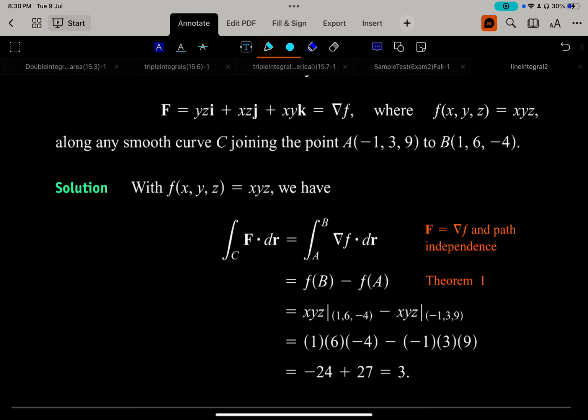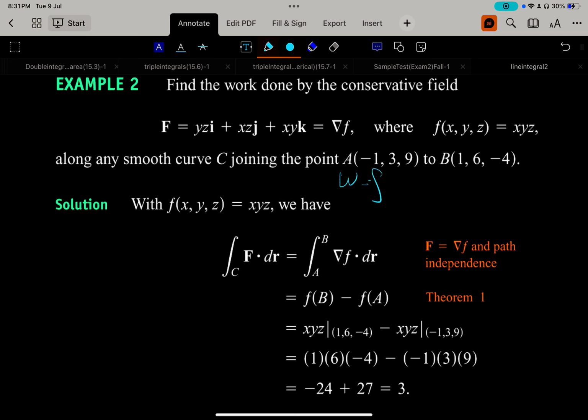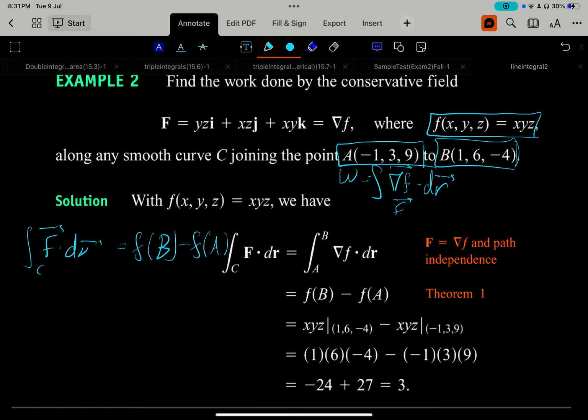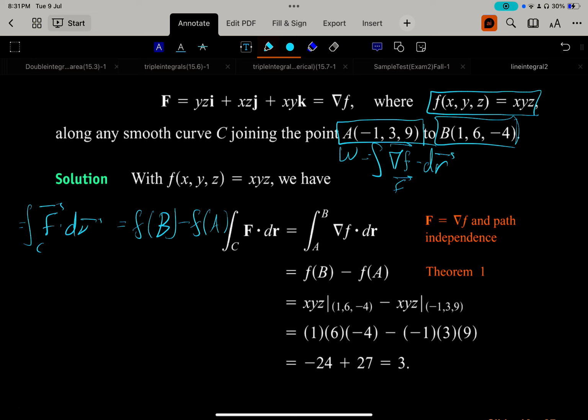We know that the work is just the integral of the gradient of f dot dr. Since it's a conservative field, the gradient is just F. He has given us the potential function, and that's easy to evaluate since we have the points A and B. So we know that the line integral over C of gradient f dot dr is equal to f of B minus f of A. Now using the fundamental theorem of line integrals, we can easily evaluate this, which is the work that we need.